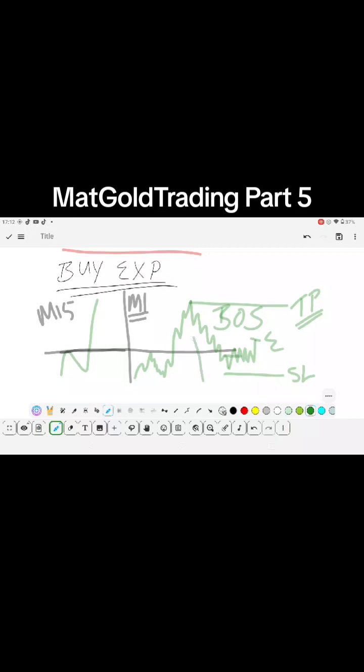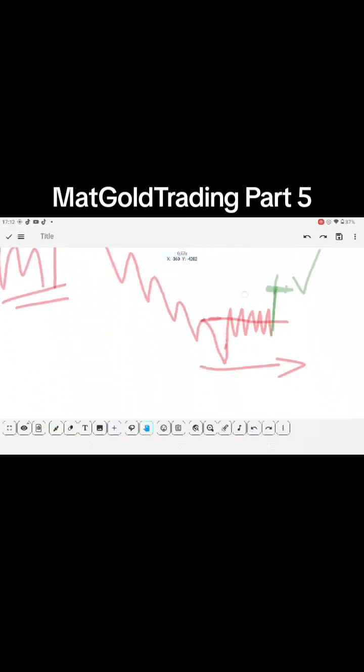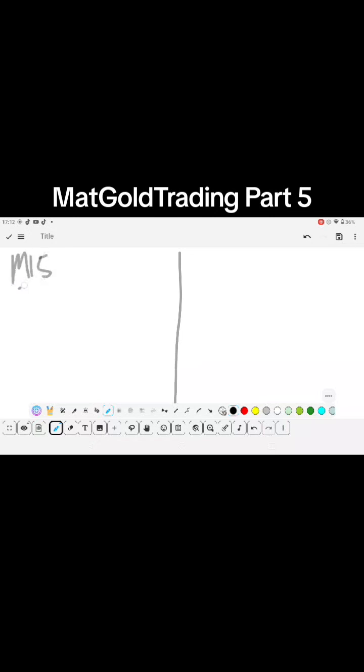So to draw it simpler for you, I'm going to move to the charts. This is your M15. This is your M1. The markets move like this. I'll draw a line here.